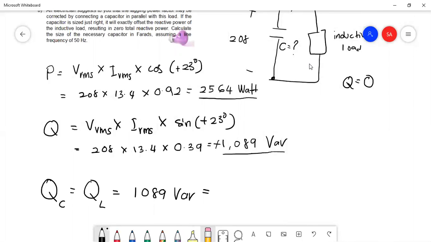The question is actually to find the C. Based on the previous slide, we can find the capacitor by using the formula VRMS square over XC.